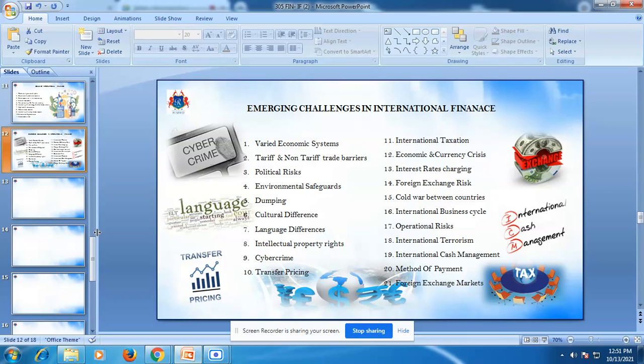The second last challenge of international finance is cyber crime. Cyber crime is crime committed with the use of computers and the internet. Today, all around the world, e-commerce, e-business and e-governance are flourishing. The flip side of e-commerce is cyber crime, affecting international finance. Privacy is corrupted, and money in some accounts is withdrawn, manipulated and transferred.